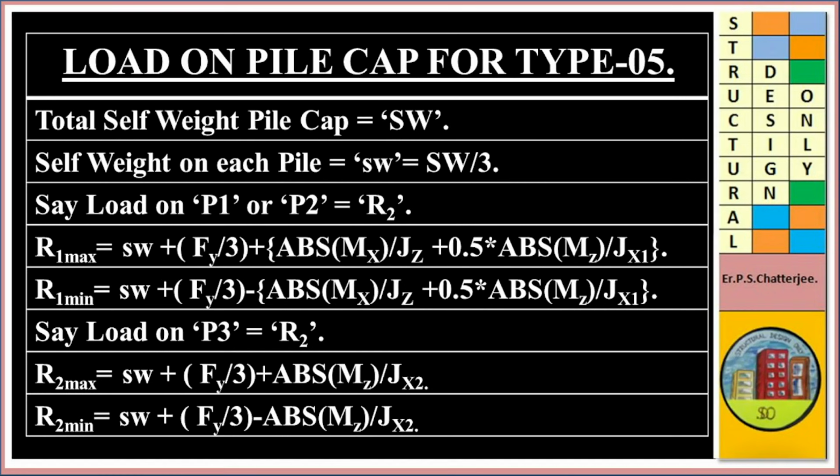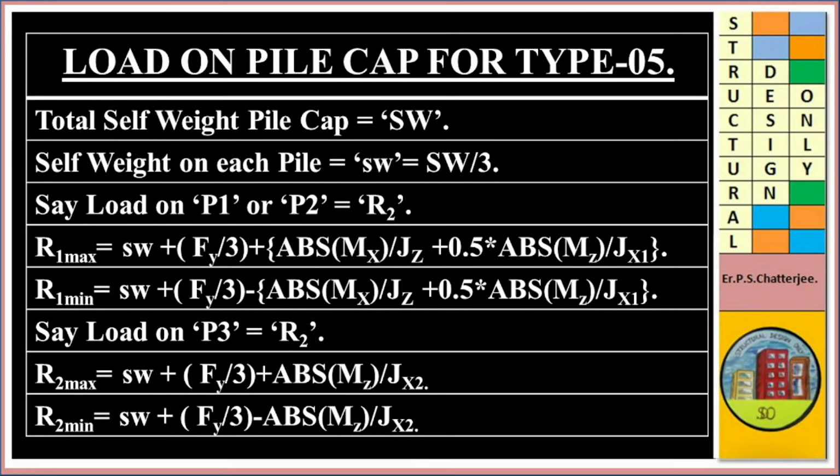R1 max is equal to small sw plus Fy by 3 plus absolute Mx divided by Jz plus 0.5 absolute Mz divided by Jx1, and R1 minimum is equal to small sw plus Fy by 3 minus absolute Mx divided by Jz plus 0.5 absolute Mz divided by Jx1.